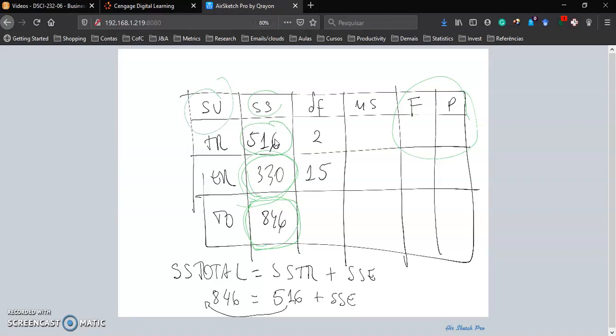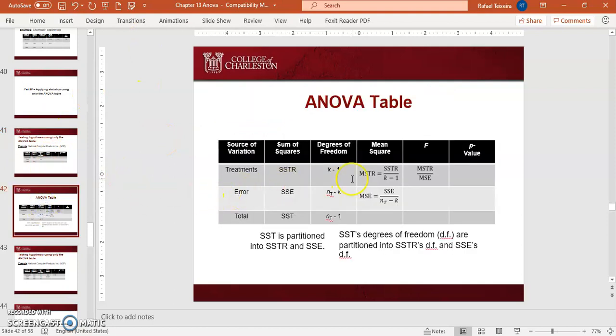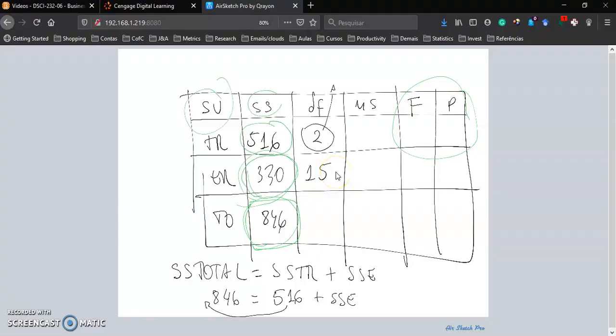My degrees of freedom here is 2. Remember this. So to help remind you, I have here, this is k minus 1. So k minus 1 is equal to 2. If I move this number to here, I have k is equal to 3. I have 3 groups, because I know that k in this case is 3, right? 3 minus 1 equals 2.